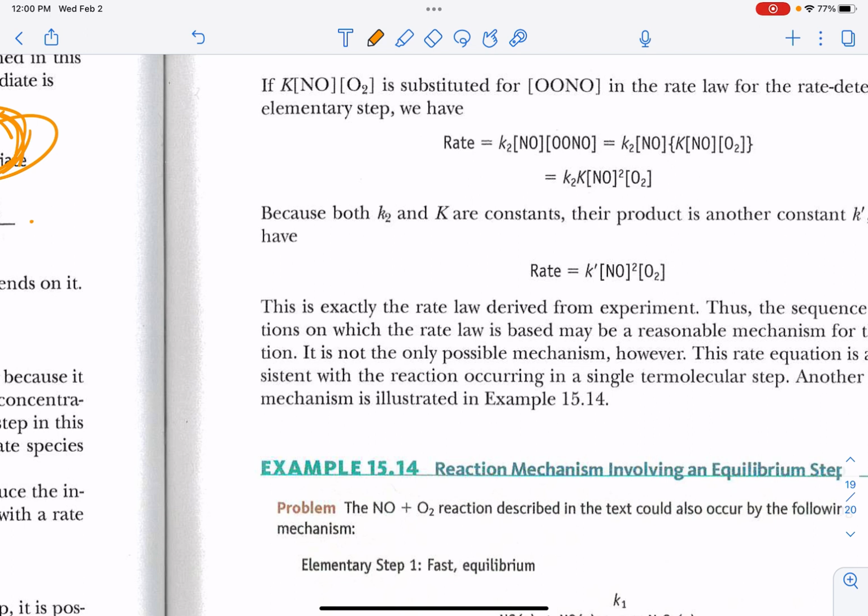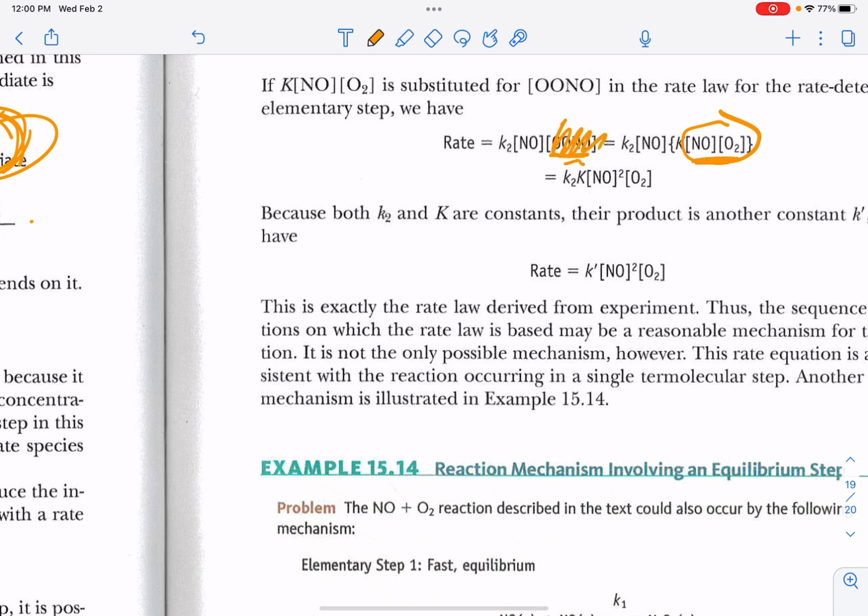So here's my rate, and instead of OONO, you'll notice that OONO is equal to the equilibrium constant times nitrogen monoxide and oxygen. They're the same. So instead of saying OONO, I'm going to put this in its place.